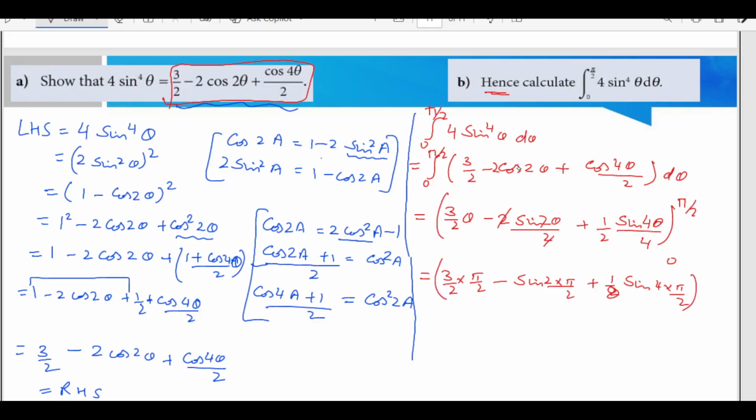We have substituted, minus the lower limit where theta is 0, which gives 0 minus 0 plus 0, because sine 0 is 0. So this gives us 3 pi by 4. This is your final answer, because sine pi is 0 and sine 2 pi is also 0. So the final answer is 3 pi by 4.